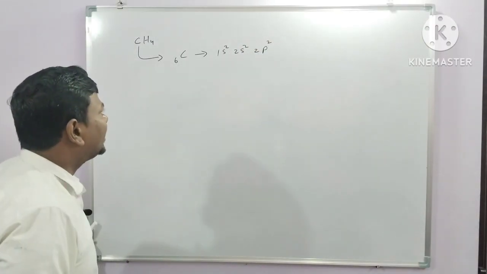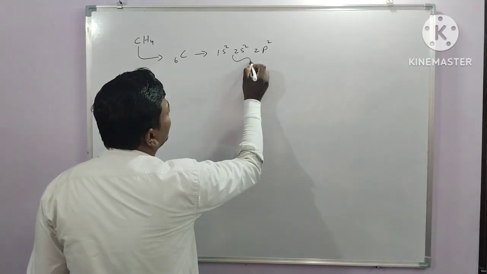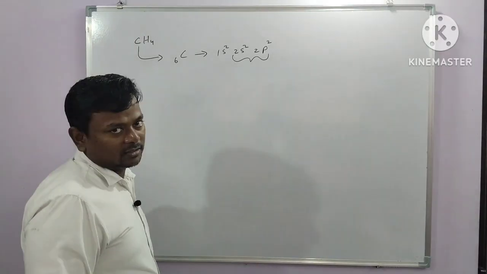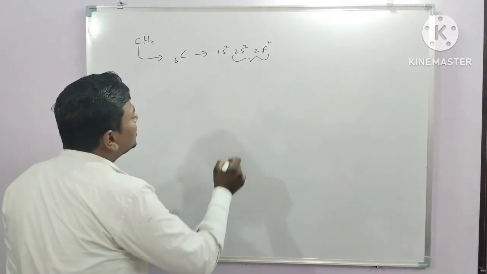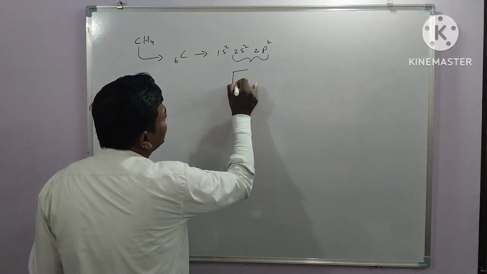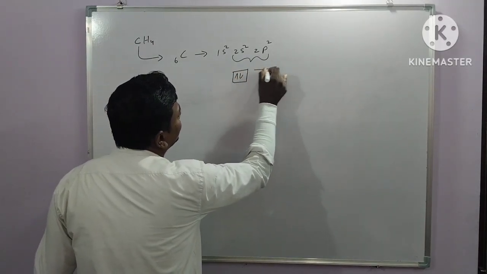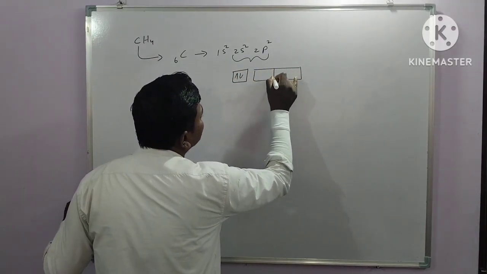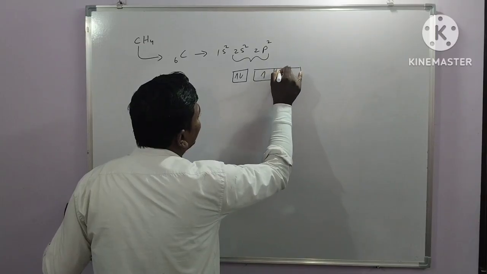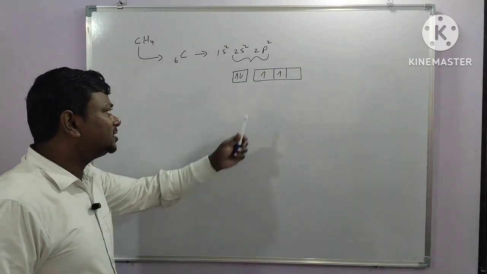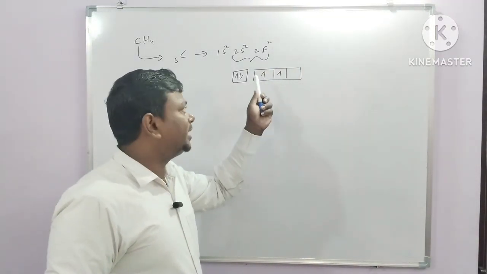This outermost shell is called the valence shell. The s orbital has 2 electrons, and the p orbital also has 2 electrons, with 2 unpaired electrons.